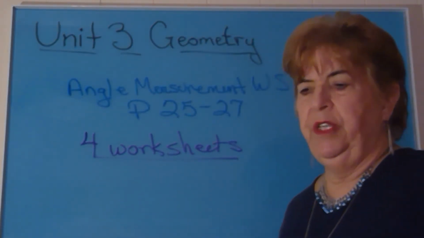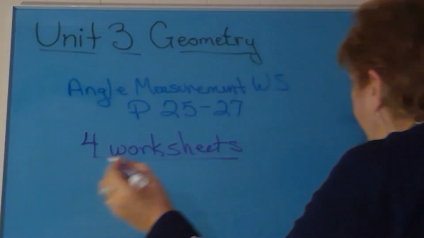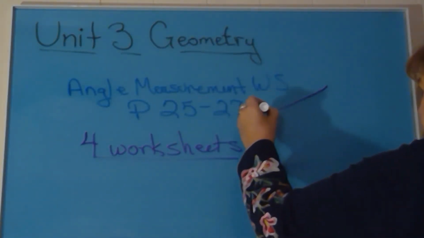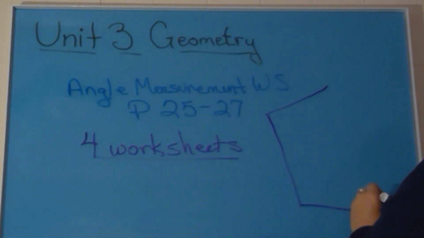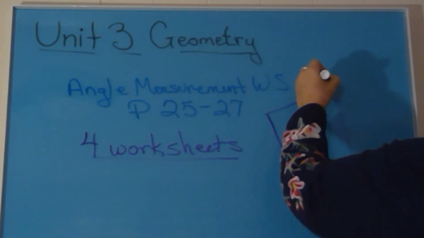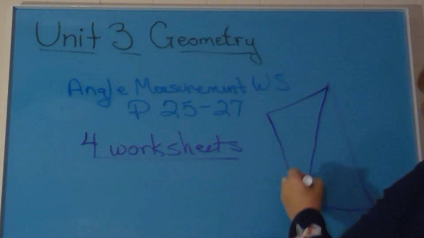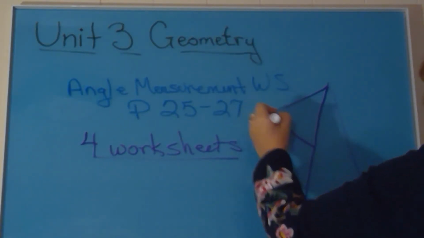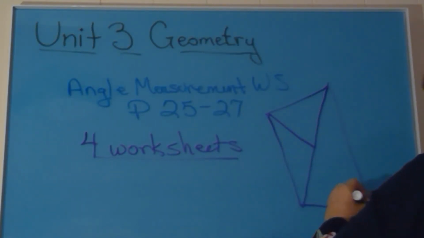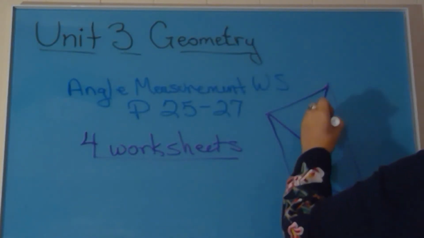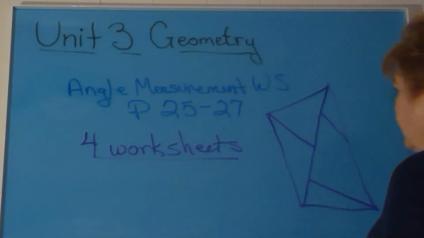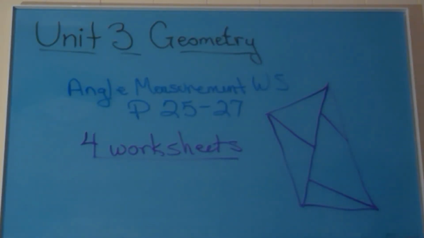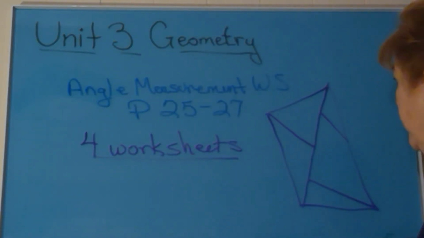In those worksheets, they give you a diagram, and I'm just going to sketch something similar to what you might have. And it's got lots of different intersecting lines. A lot more than what I have drawn here. And they give you a little bit of information.